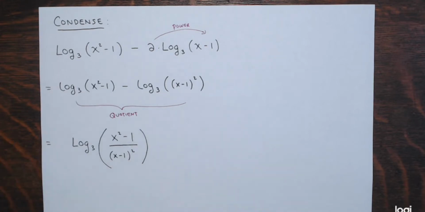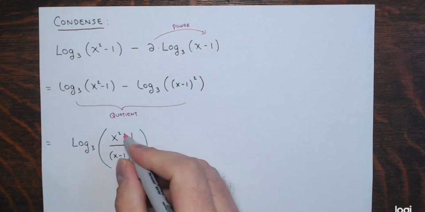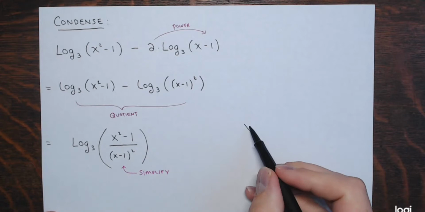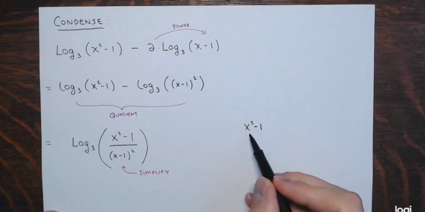All right, but then we are also asked to simplify the expression. They want a single logarithm, which is what I have here. But now if we can, let's simplify this expression, which is just a rational expression in here. I'll take it off to the side. We got x squared minus 1 in the numerator.